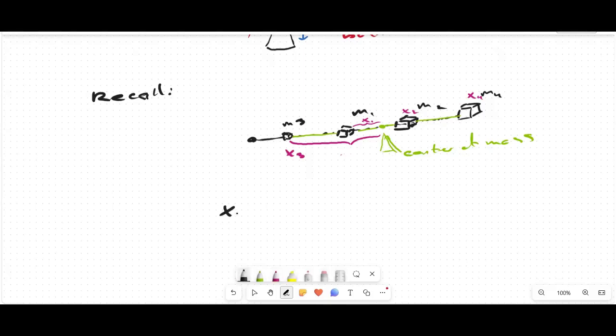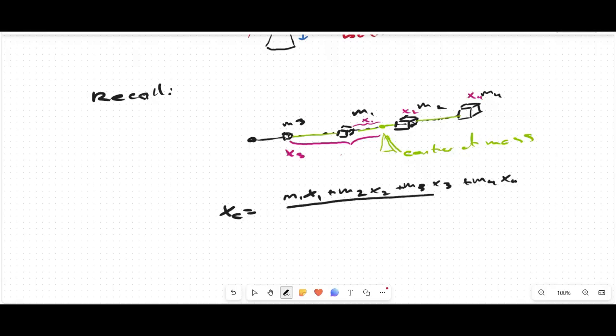If you call this center of mass coordinate X sub C, then it's in some sense this weighted average of the coordinates. So there's the amount of mass at M1, there's the position of that mass, and then on up the chain, M2, X2, M3, X3, M4, X4.